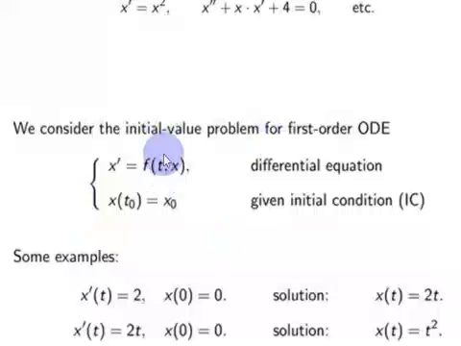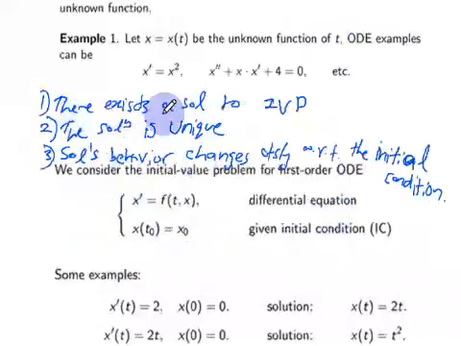Actually there are three conditions that need to be satisfied in order for this initial value problem to be well posed, right? So let's talk about that. Let's look at what those conditions are. First, there exists a solution to this initial value problem.